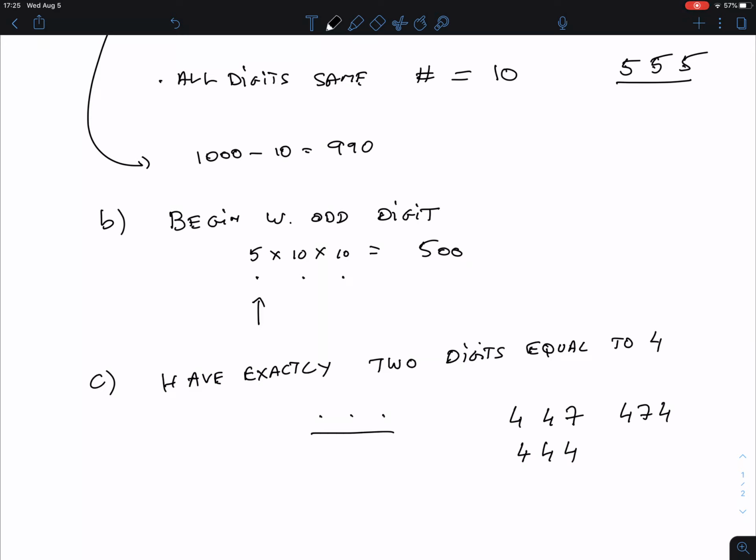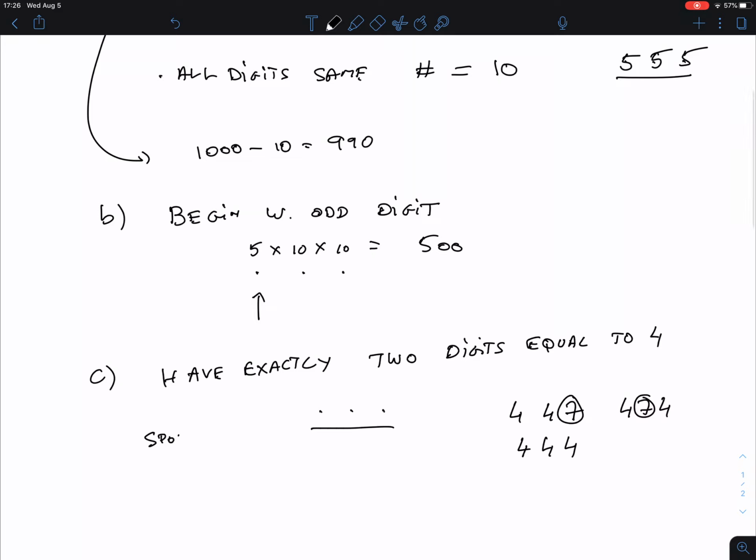So what way could you do it? You say, okay, I choose my other digit, my third spot, because two spots are taken by a 4, and there's an empty spot. There is a candidate, but where is it going to be? So I have 3 possibilities: spot 1, spot 2, and spot 3.